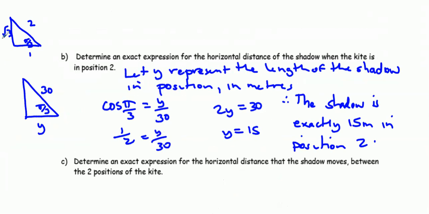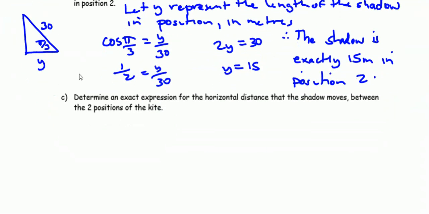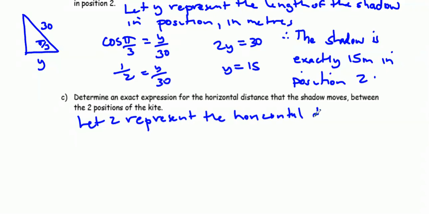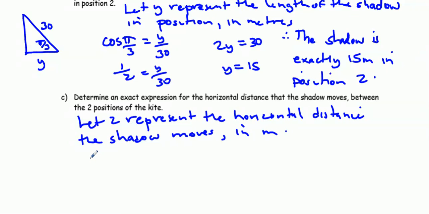So we could say let z represent the horizontal distance the shadow moves, in meters.